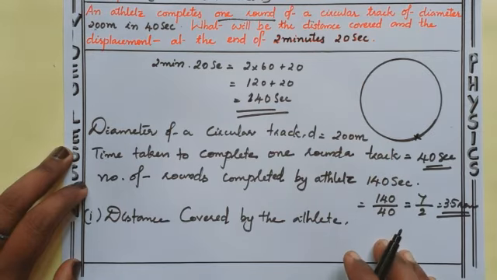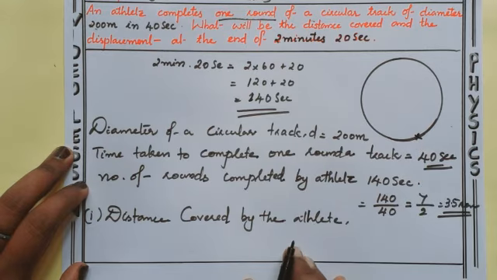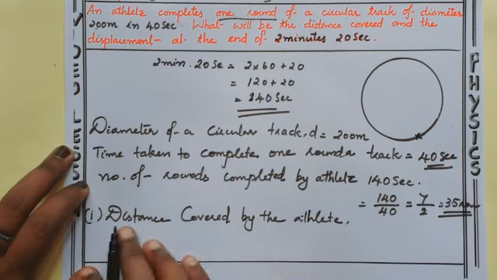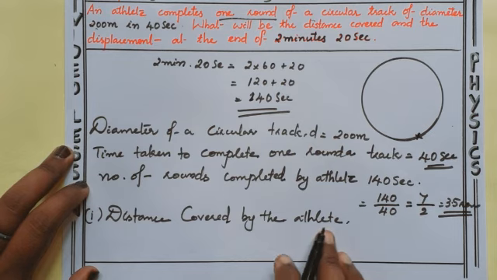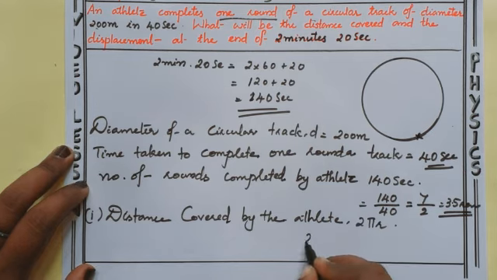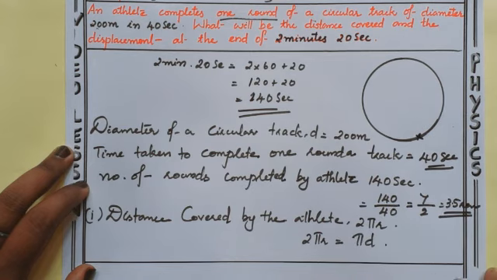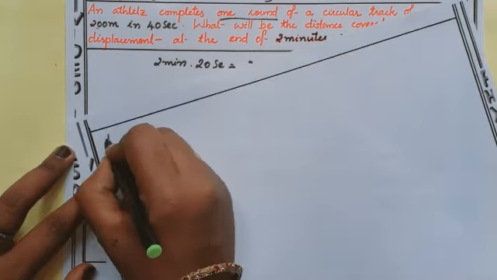That is the circumference of the circle. What is the equation? That is 2 pi r. Diameter is given, so 2 pi r is equal to pi into d.